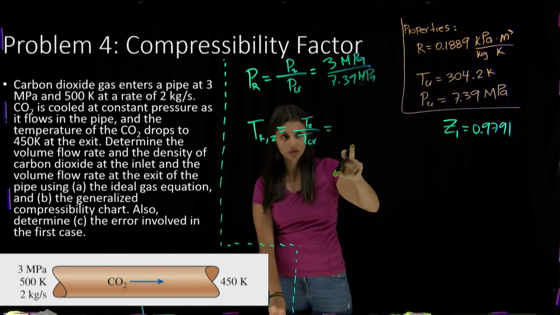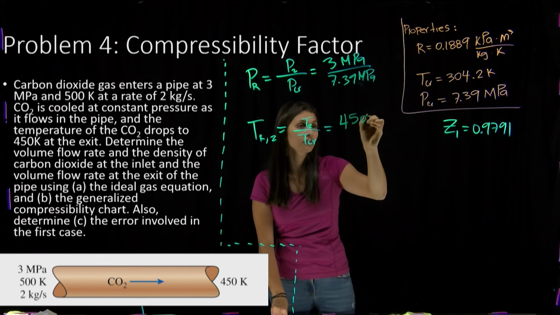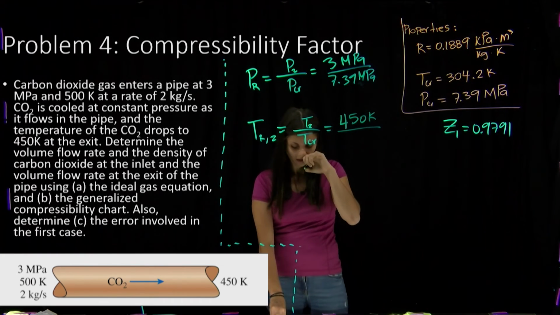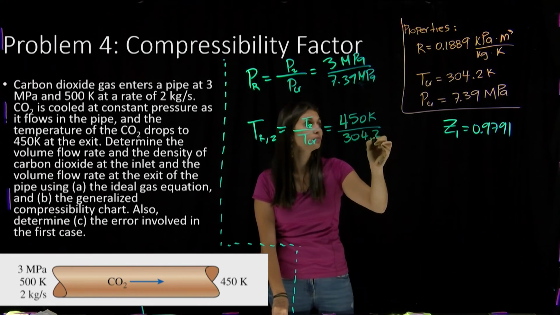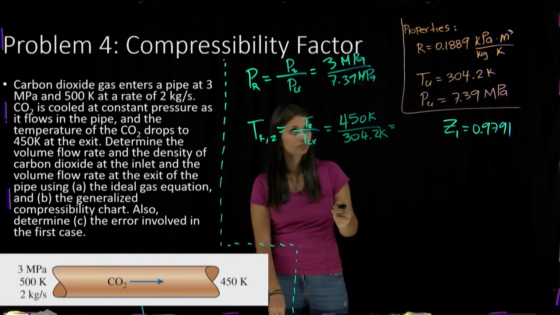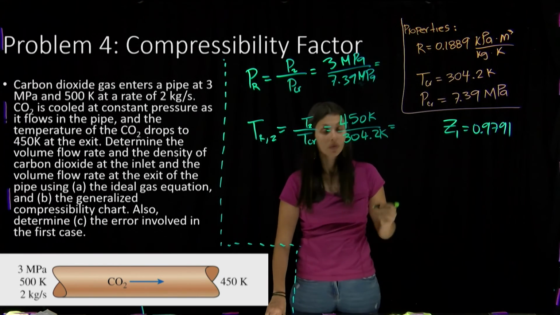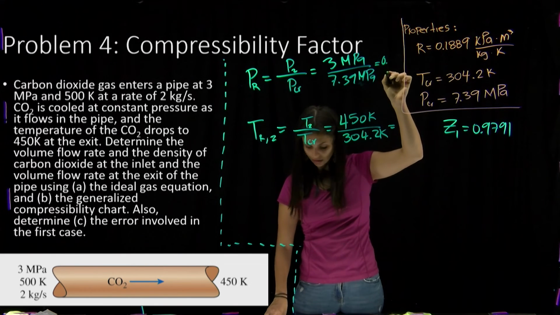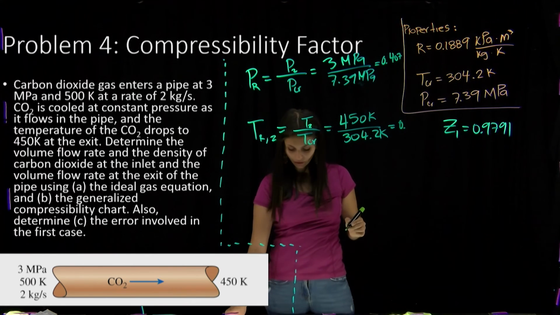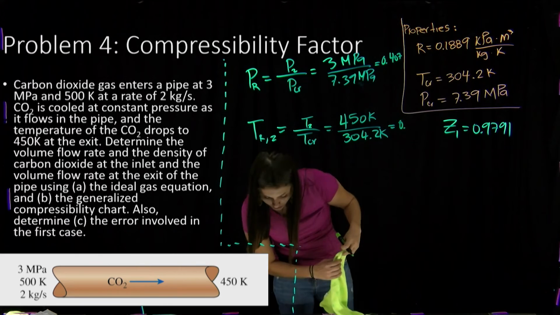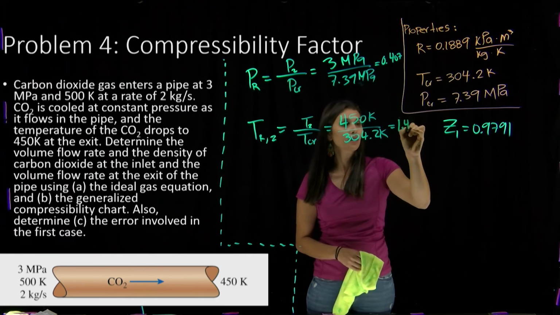And then this condition, the second temperature at the outlet drops to 450 Kelvin, and the critical temperature is 304.2 Kelvin. So again, this is 1.48.